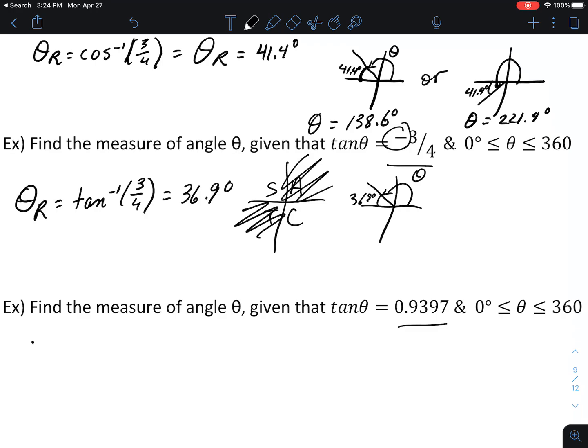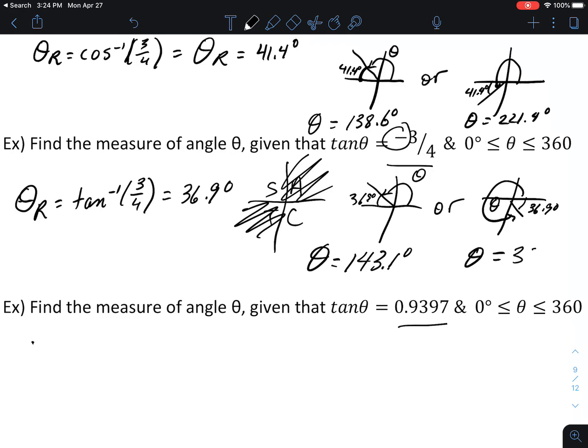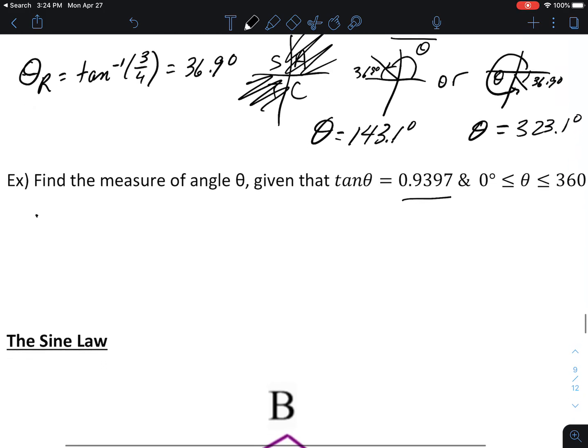So I either have a 36.9 degree reference angle, and this is theta, and that gives me 143.1 degrees, or down here, this is 36.9 degrees, and this much larger angle is theta. That second possibility is 323.1 degrees. So I hope you got that.